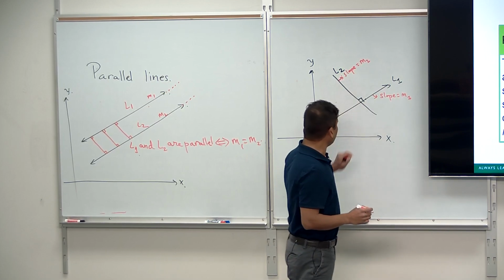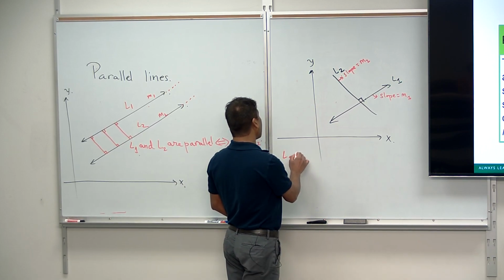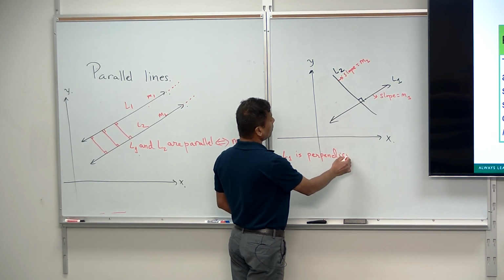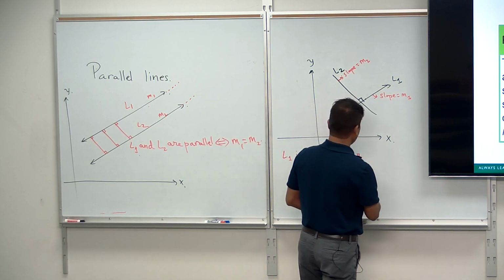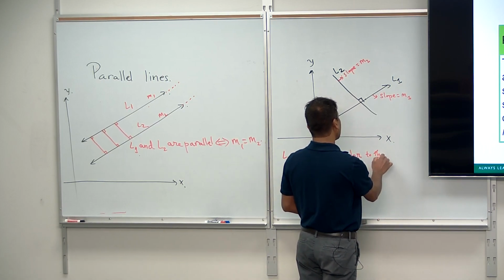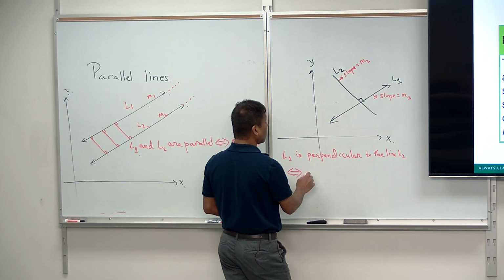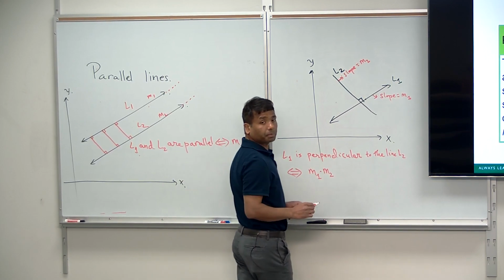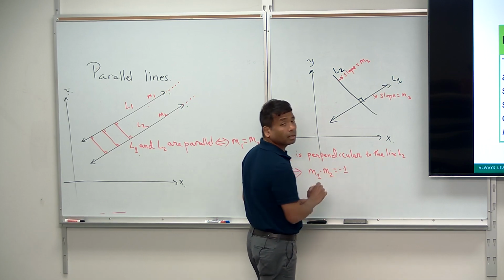You guys know that line L1 is perpendicular to the line L2 if and only if m1 times m2, the product of their slopes, is what? -1.